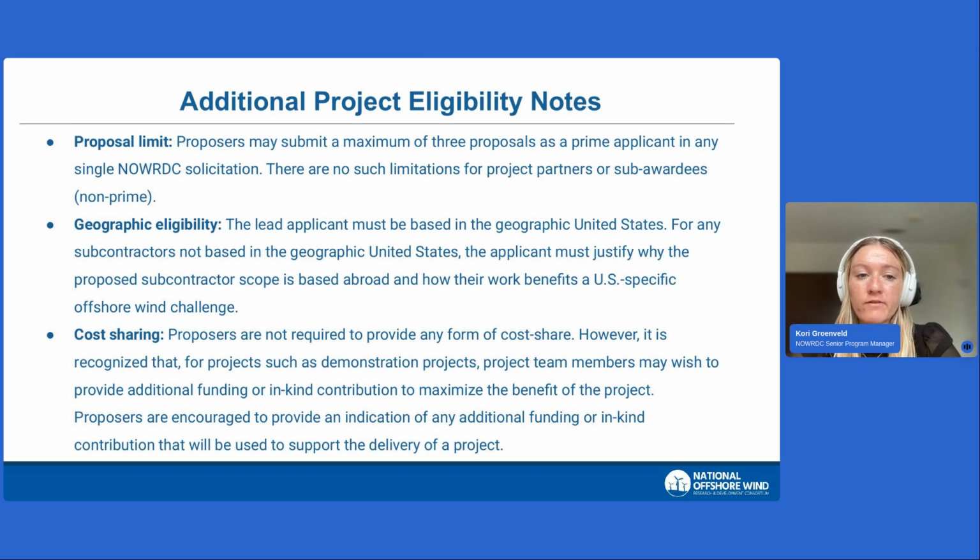Then also on geographic eligibility, as stated earlier, the lead applicant must be based in the geographic United States. For any subcontractors not based in the geographic United States, the applicant must justify why the proposed subcontractor scope is based abroad and how their work benefits a US-specific offshore wind challenge.